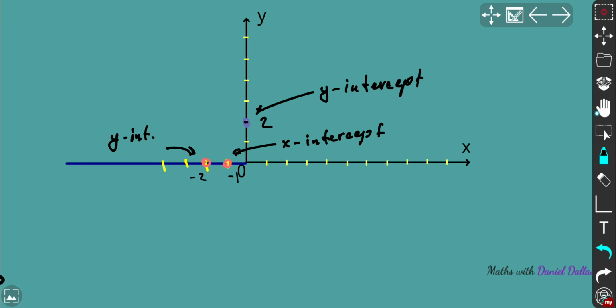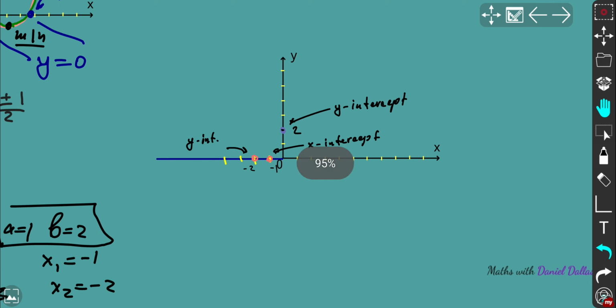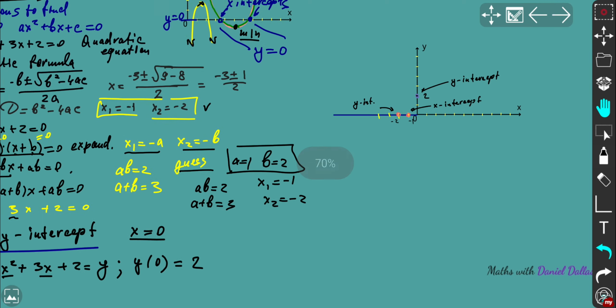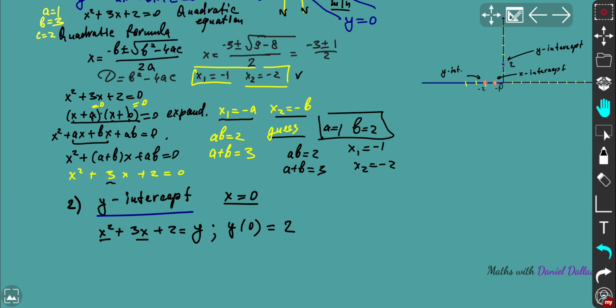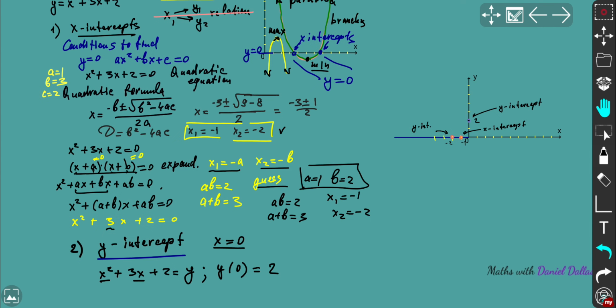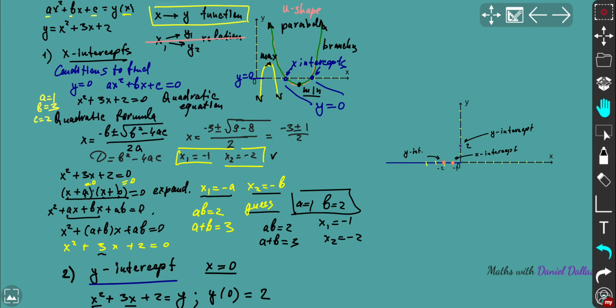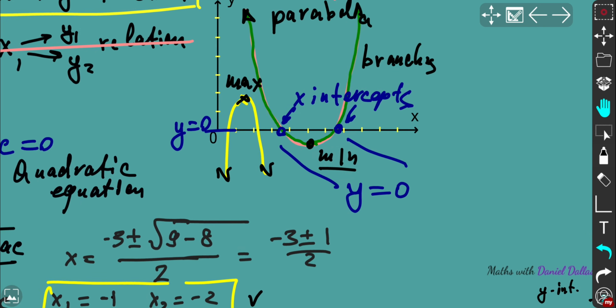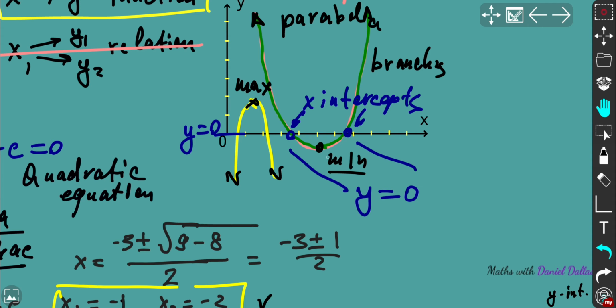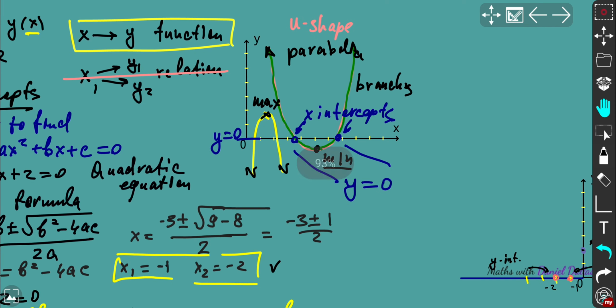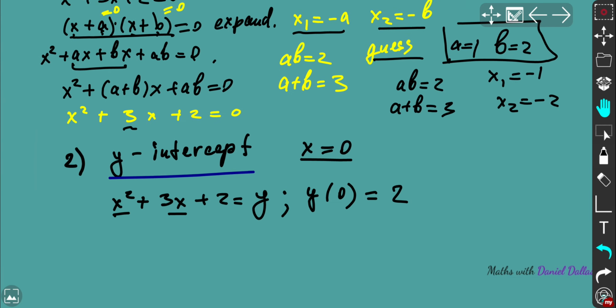So we mark our significant, or critical, points for sketching the graph. And now we need to find the minimum or the maximum value. In other words, we are going to find the vertex of the parabola. So this minimum or maximum point is called the vertex.